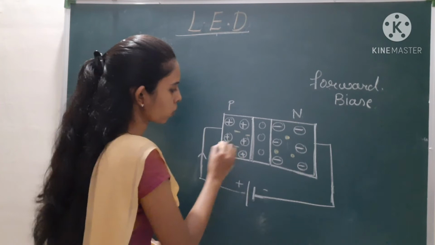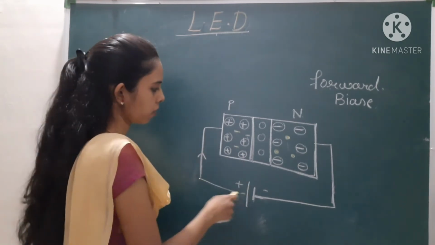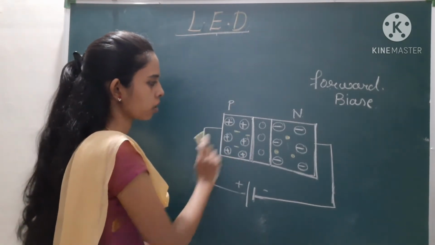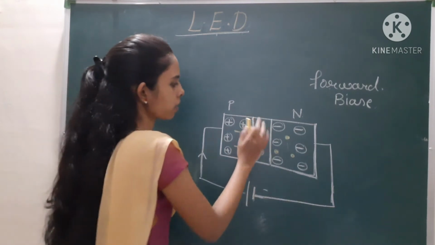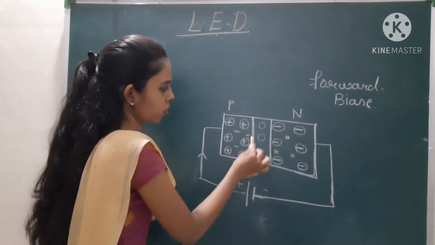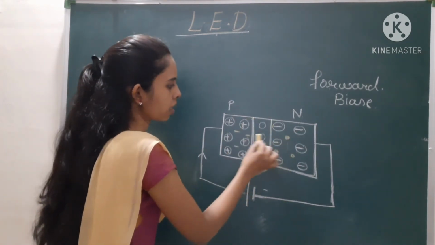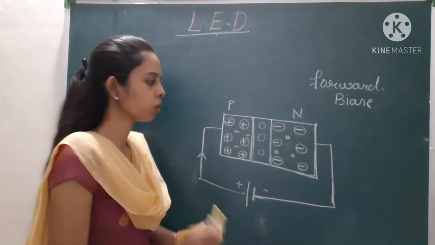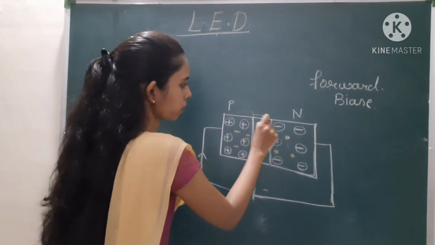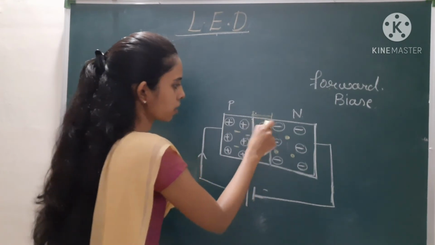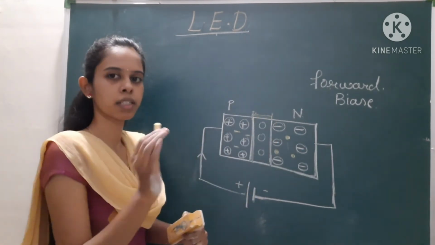Now what is going to happen is, when we supply a voltage to this PN junction diode, the junction starts shrinking, or you can say the width of this junction becomes less.